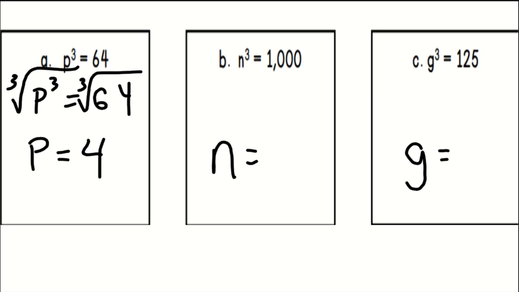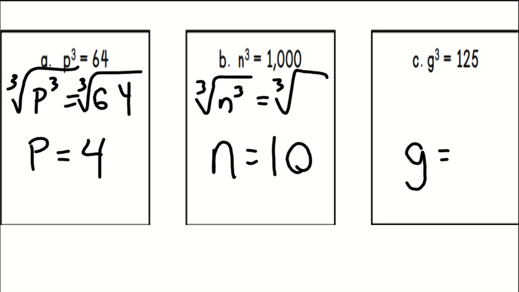Who's got me? Carlea? 10's correct. 10 times 10 times 10 gives us 1,000. So when we're solving that, we're taking the cube root of each side. Cube root of 1,000 is 10.